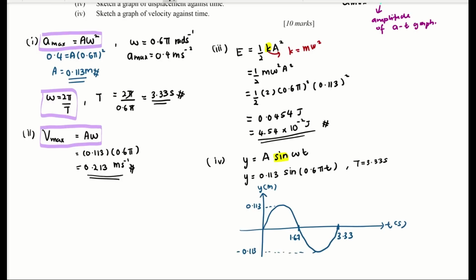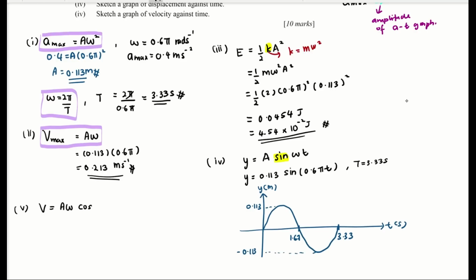Alright, so next, sketch a graph of velocity against time. So kita nak kira lah velocity against time. Remember general equation for V is equal to A omega cos omega T. So for velocity, A omega tadi kita dah kira 0.213. So ingat ini adalah V maximum.